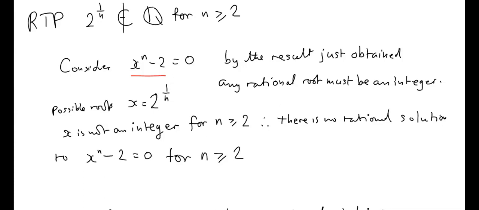By the result just obtained, any rational root must be an integer. The possible roots are x = 2^(1/n). x is not an integer, that is 2^(1/n) is not an integer for n greater than or equal to 2, so there is no rational solution to x^n - 2 = 0 for n greater than or equal to 2.